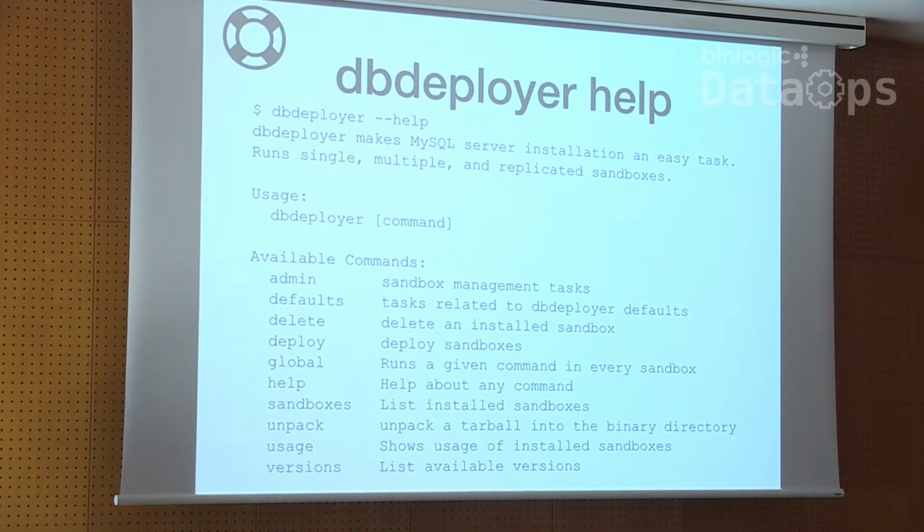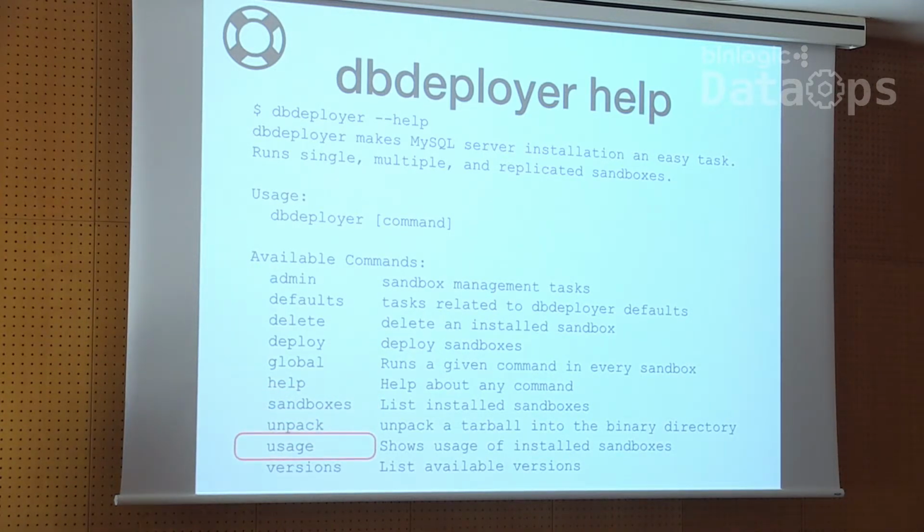When you run the help of dbdeployer, you see all the classes of operations that you can do. Very quickly, there is unpack that we have seen. The versions will tell you what is available. The deploy will do the real work. The sandboxes will list what you have installed.